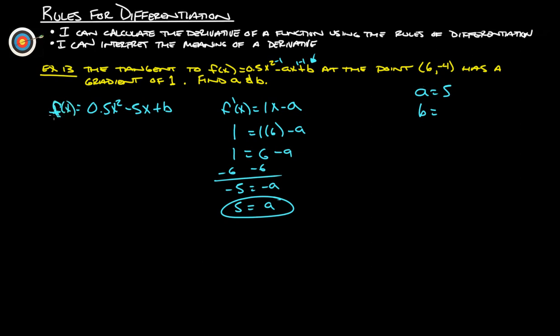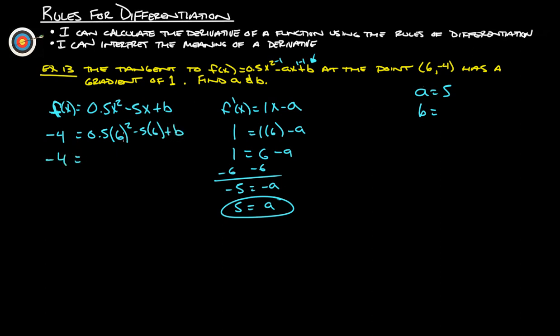We know that f of x is our y value, so we know if we put negative 4 in here equals 0.5, and we're going to put 6 in for the x, 6 squared minus 5 times 6 plus b. Let's see what we get for this.